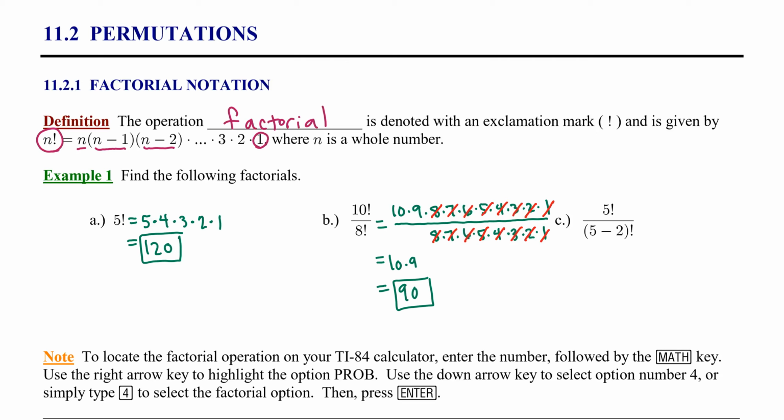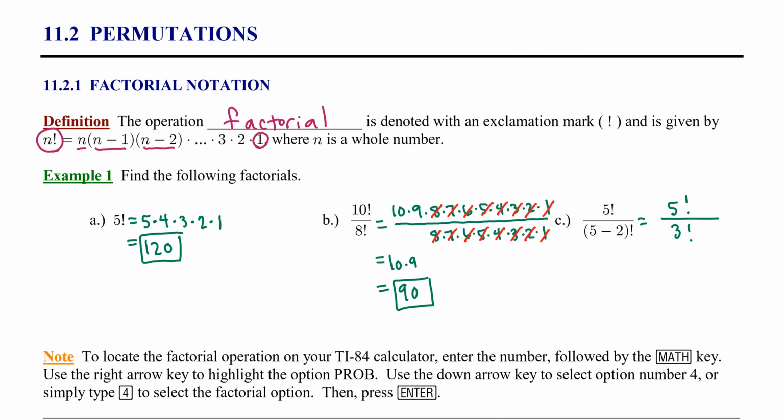Now, let's look at another possibility. Example C. This is what our permutations are going to end up looking like. We have 5 factorial divided by the quantity 5 minus 2 factorial. We still have to obey the order of operations, so before I do anything, I'm going to evaluate what's inside parentheses first. 5 minus 2 inside parentheses is 3, so we actually have 3 factorial in the denominator. Don't be tempted to try and distribute the factorial because that does not work.